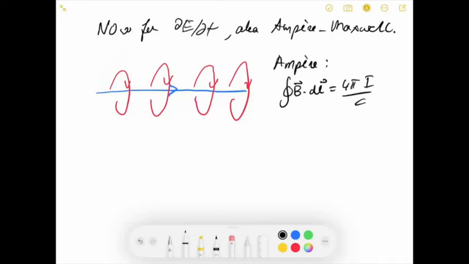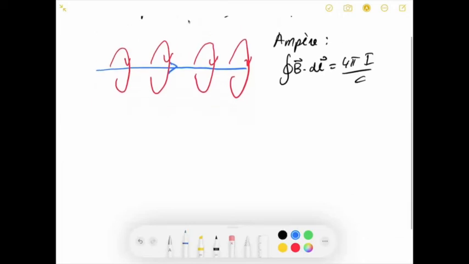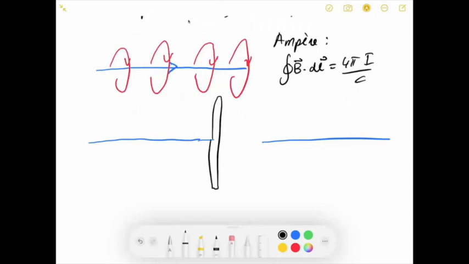And that's all fine. Now, what happens if instead of having this wire be a continuous, really, really long wire, we interrupt it and we build a nice little capacitor here? So you should all be familiar with capacitors.